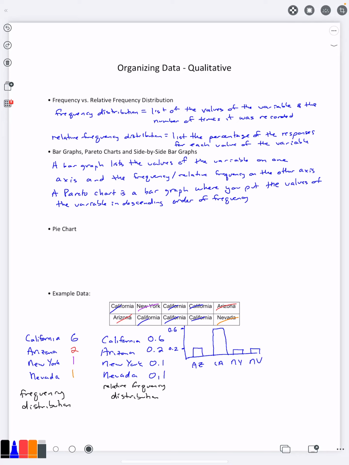So in this case, if you wanted to make it into a Pareto chart, you'd put the highest frequency first and then the second. In this case, the third is tied, so I know I'm running out of room here. But it's just going to look like a bar graph where it's always going down. That's going to be a Pareto chart.